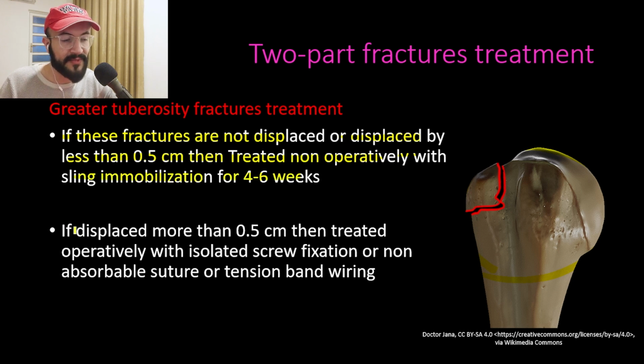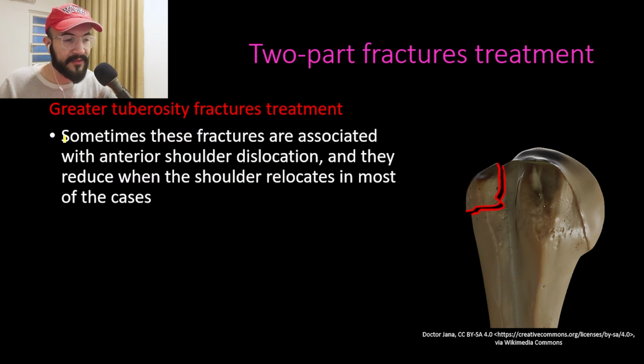But if they are displaced more than 0.5 centimeter, then they are treated operatively with isolated screw fixation or non-absorbable suture or tension band wiring. Sometimes the two-part greater tuberosity fractures are associated with anterior shoulder dislocation, and they reduce when the shoulder relocates in most of the cases.